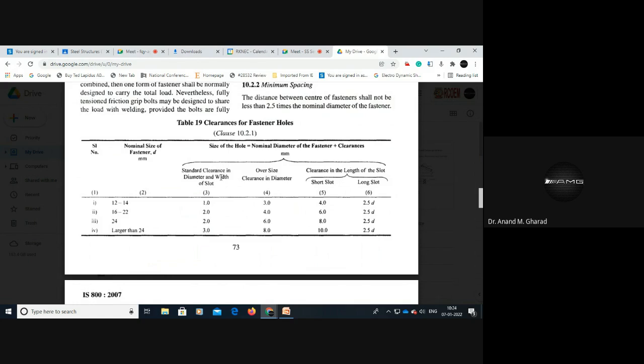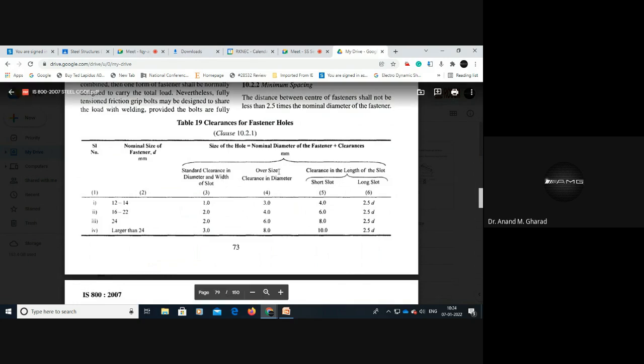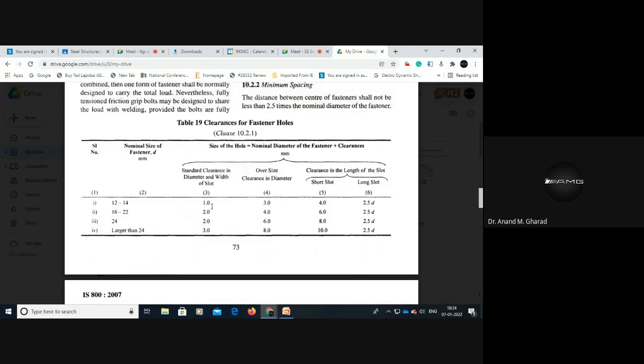Later on, for very typical cases, which you may study in further semesters in an elective or so, you will be learning about the oversized clearance and all. So our interest is this column number 3. These are the clearances which are mentioned in your IS code for different diameters.